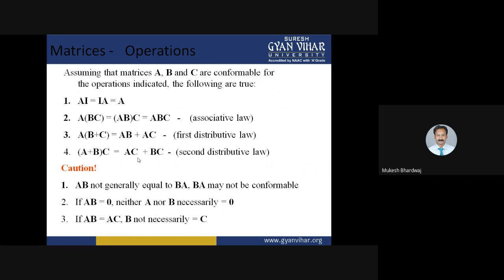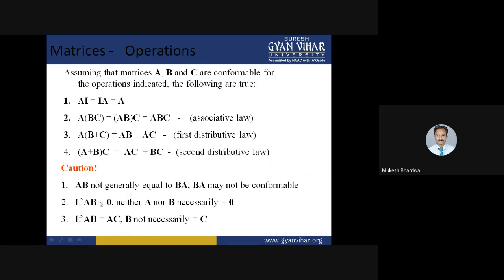Generally, or as a precaution, we can say that AB is not generally equal to BA. If you think about this, can AB be equal to BA? No, it cannot be. AB is not equal to BA, or BA may not be conformable also.